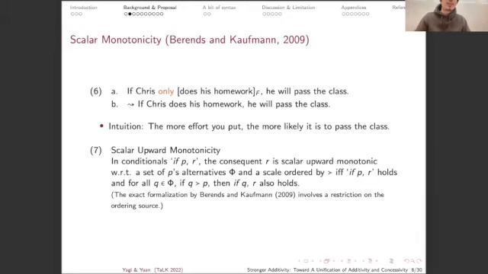So you can just replace P with only doing his homework and Q with doing his homework and maybe something else. In the scale, only doing his homework is ranked lower than doing his homework and maybe something else too, right? And we are saying that a lesser effort is good enough for him to pass the class. So we infer that if he does his homework and maybe something else, he would pass the class too. That's the intuition.